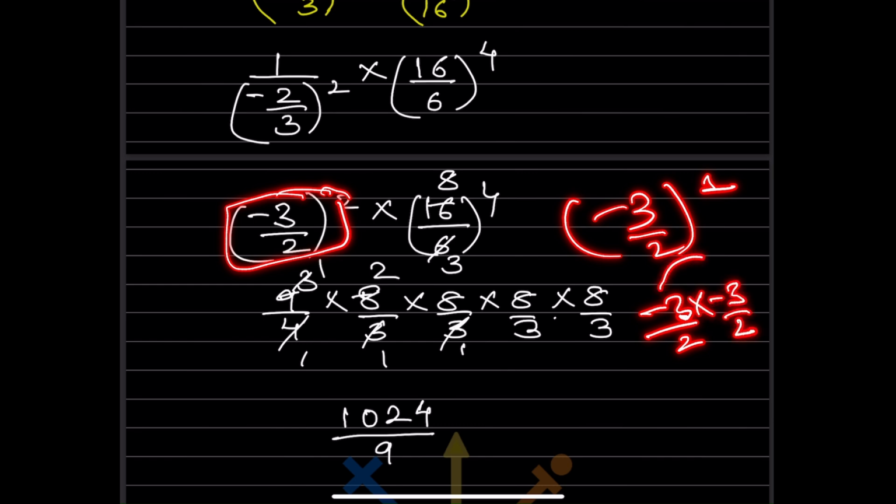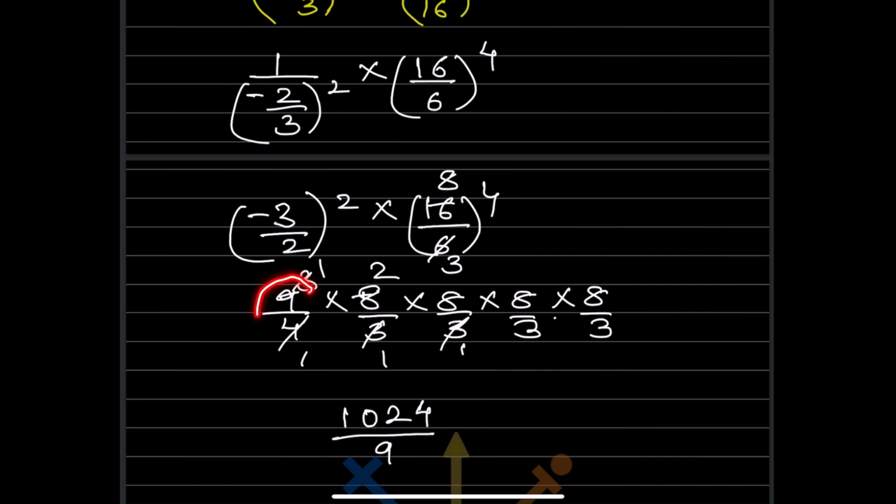So that will be 9 by 4, because minus and minus becomes plus. So you are going to multiply this also. Even though there is 2 here, because this is multiplication, you are going to multiply it. So this is 9 by 4. Now what will you do here? You can simplify this one, 16 by 6 raised to 4.